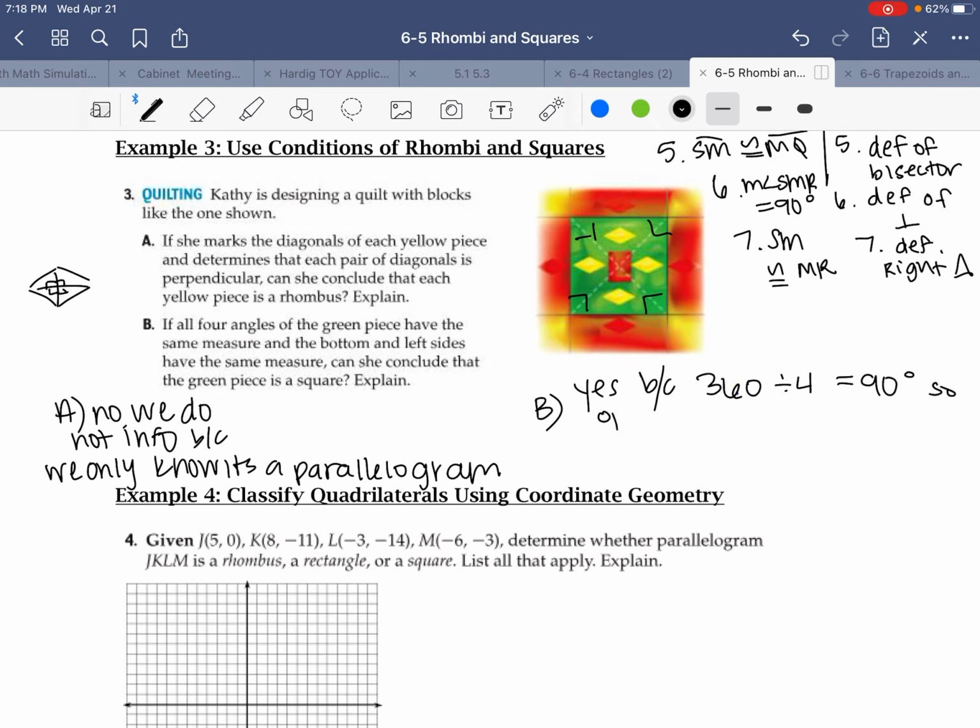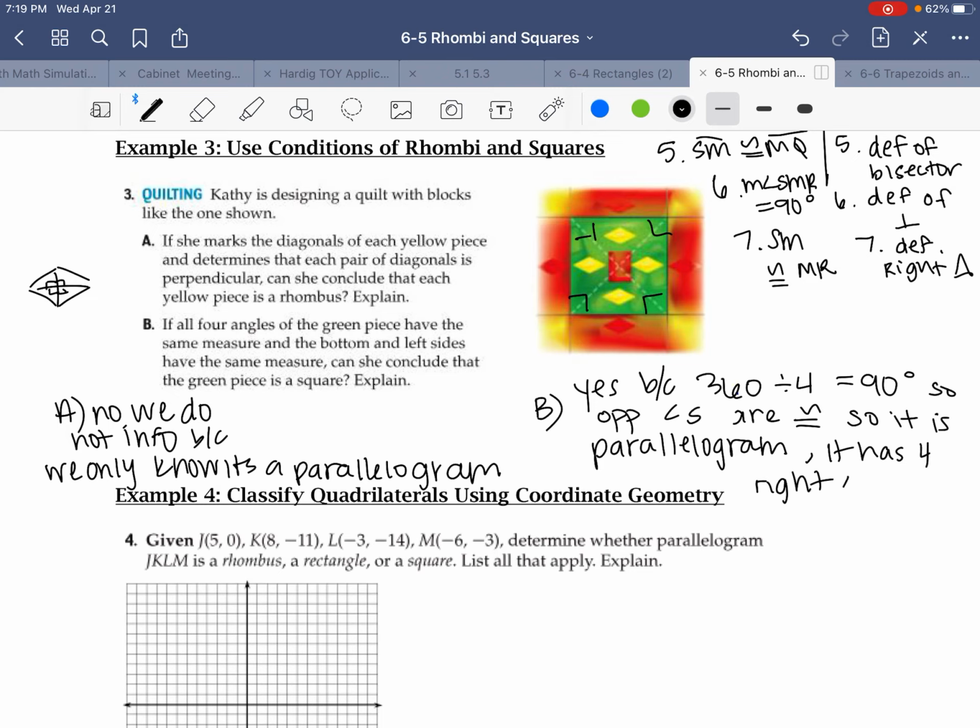Excuse me, not opposite sides, opposite angles. Let me erase that real quick for you. Opposite angles are congruent, so it's a parallelogram. And because it's a parallelogram with four right angles, it is a rectangle.